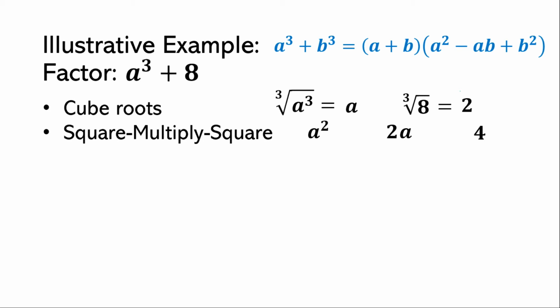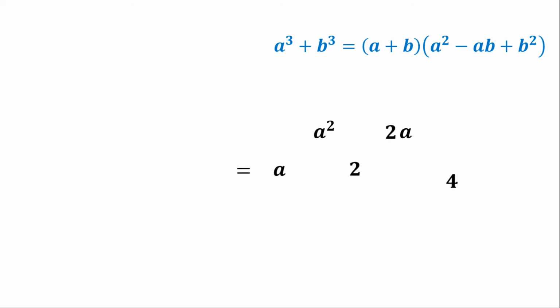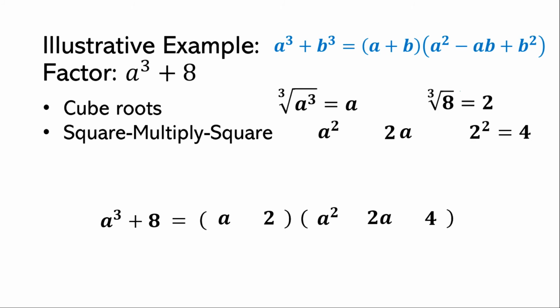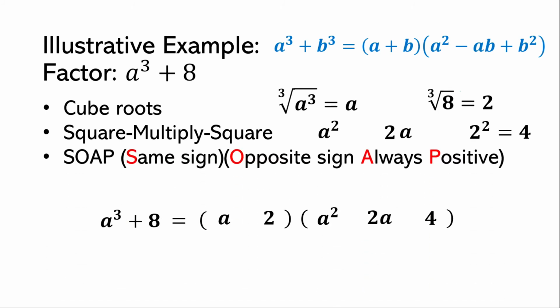Now, iaayos natin siya. Again, yung cube roots na nakuha natin will be for the binomial, and yung square multiply square naman will be for the trinomials. Okay? So now, tandaan naman natin yung SOAP. So since we are factoring the sum of two cubes, the sign is plus.